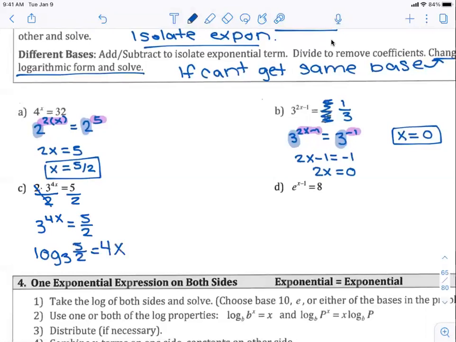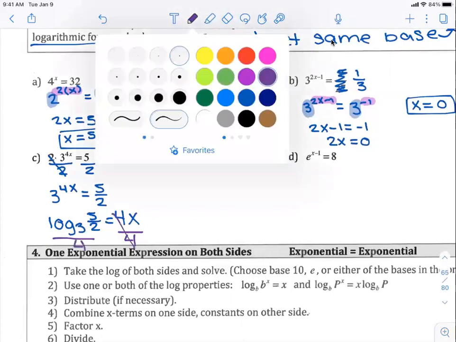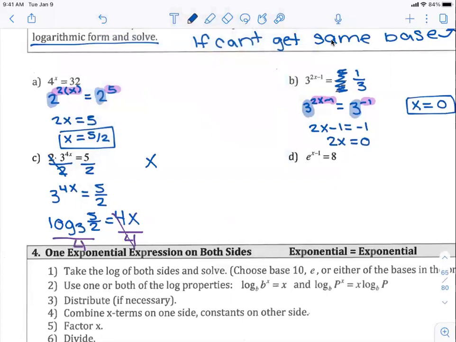You might be like, well, how am I going to solve that? You're going to use a calculator. The goal is to divide by 4 because then we get the x alone. So if we divide by 4 to both sides, x equals exactly log base 3 of 5/2 over 4. That's your exact answer.